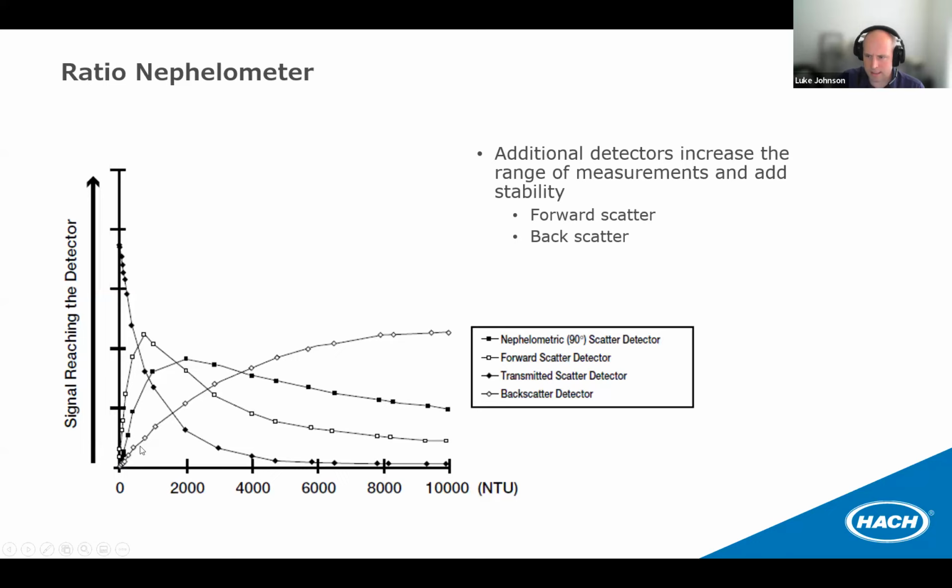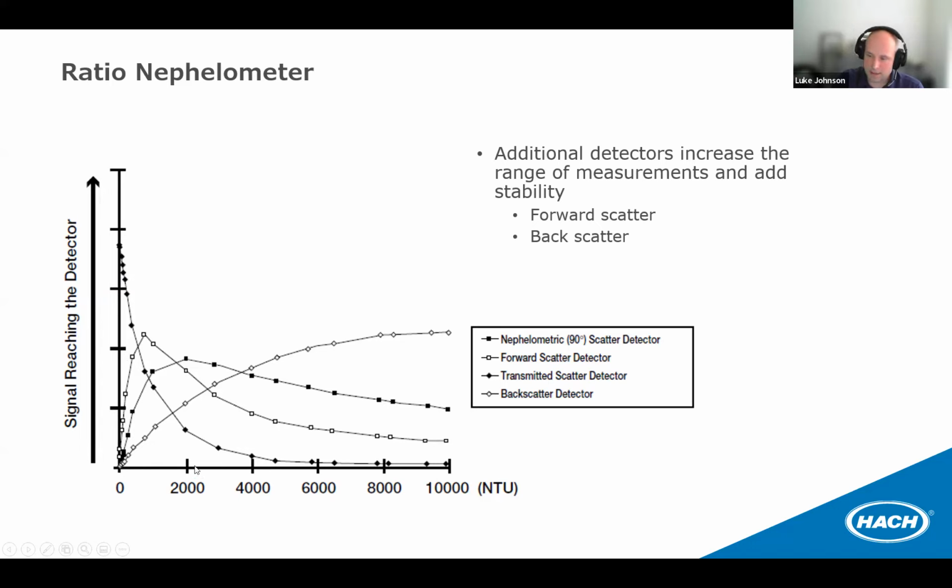At low levels, everything is similar except for the transmission one. Interesting to note here, which is why we don't use transmission anymore. But the various scattering, we're seeing a lot of that at the low levels with all of the scatter detectors.